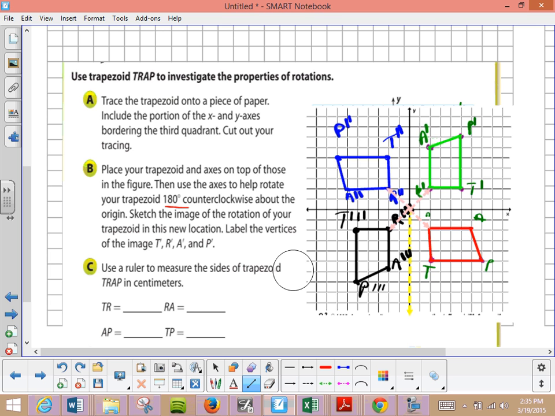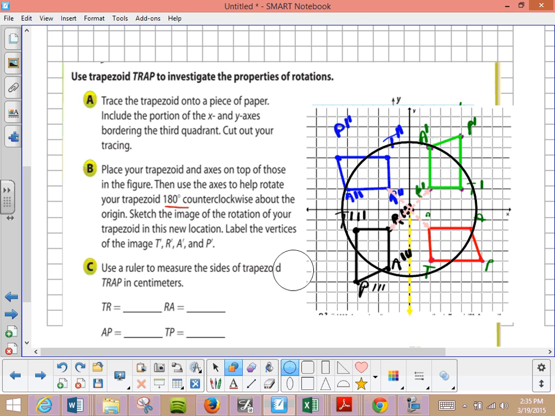All those points should be the same distance. I don't know if that would work, but actually that sounds like a good idea. Let me try to see if a circle would work. Does it touch all the points? Yeah. What about the next one? Yeah, it touches all the points on the A's.